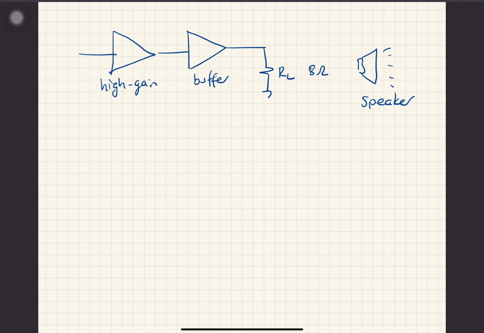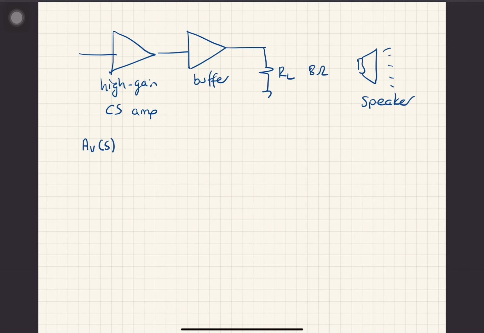So if you do not have this audio amplifier or the buffer, when you connect this load resistance, it's going to change your gain significantly. Let's say that this is a common source amplifier. Remember the voltage gain of the common source amplifier.